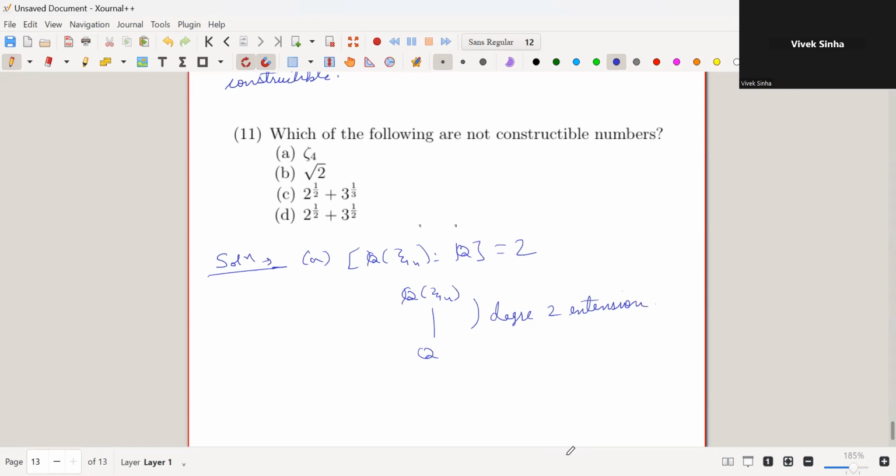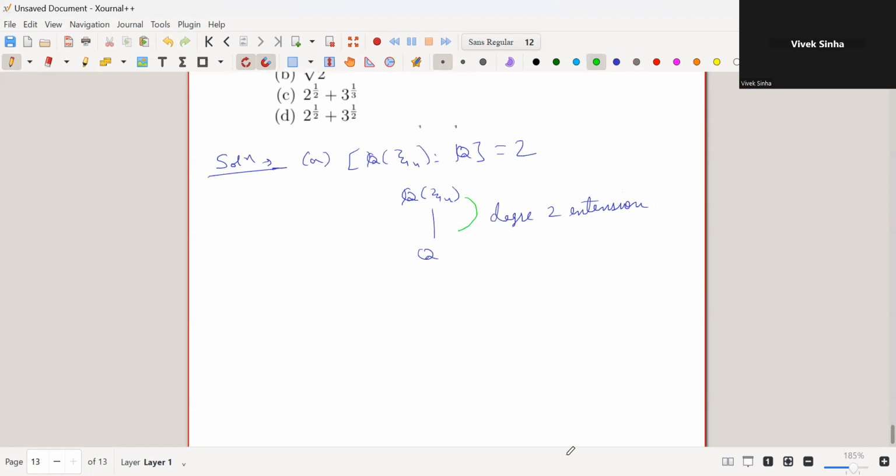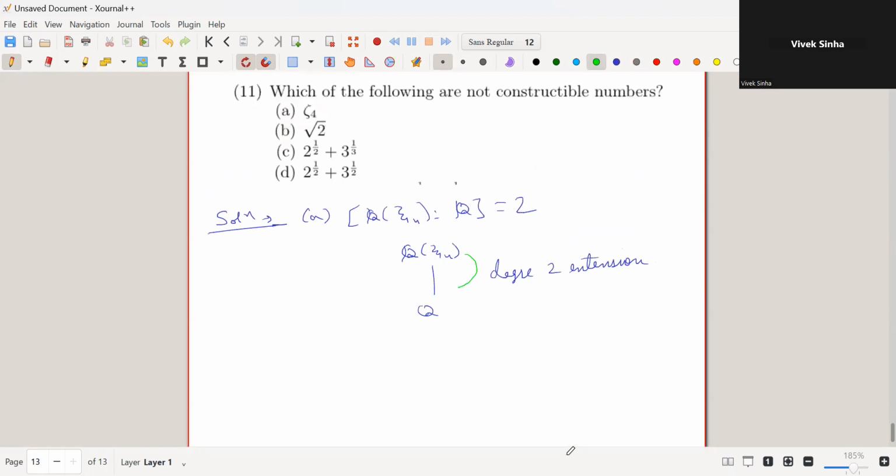So despite the fact that this number is imaginary, we can say that it is constructible because it's just a shifting of the axis from x to y. If you are in the xy plane, y represents the imaginary part and x represents the real part, then it's just drawing it on the other axis. So if it is having a degree 2 extension, we will say that it is constructible.